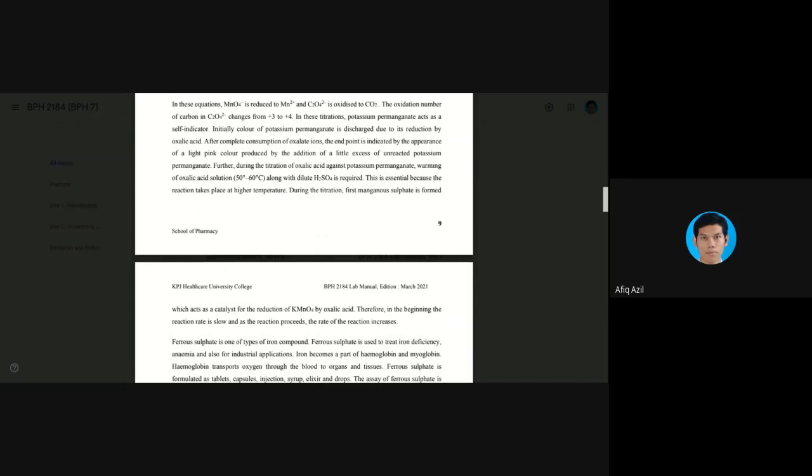But the purpose of standardization is that you want to make sure that the potassium permanganate solution you have prepared is actually 0.1 M, meaning the concentration is exactly as stated, or it could be less, but we want to know the exact concentration.